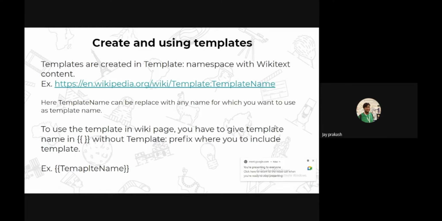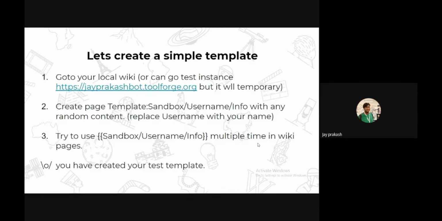First, whenever you create a template, give it the Template colon prefix. Whenever you want to call that template, just use double curly brackets and the name of the template without the prefix, and double closing curly brackets. So now you have one task.